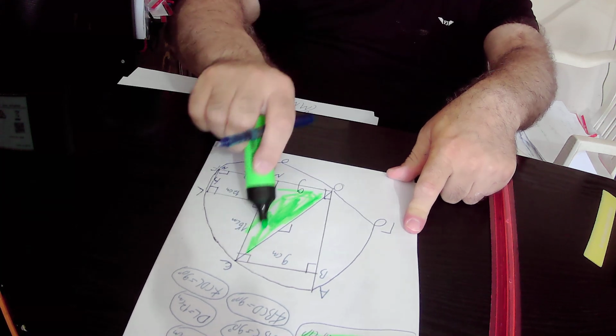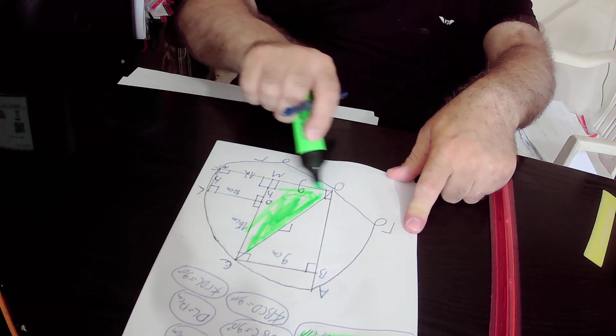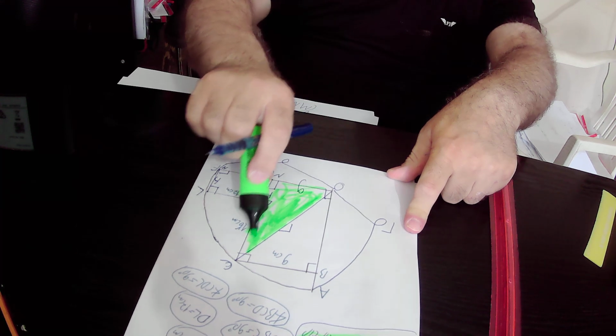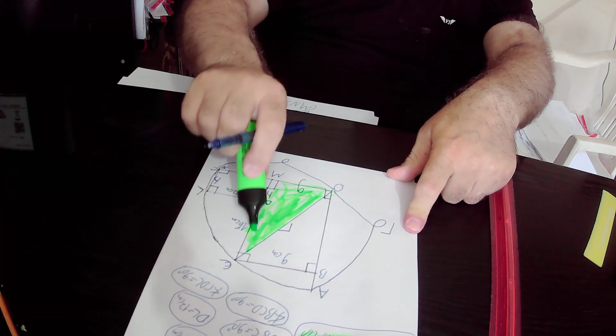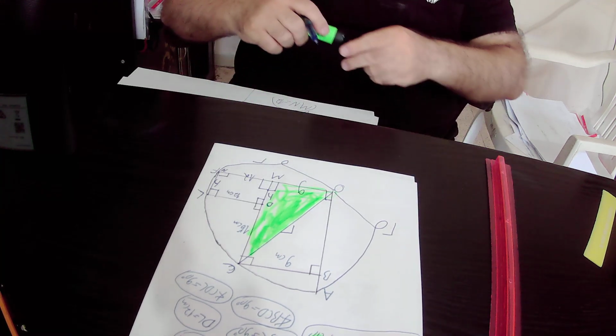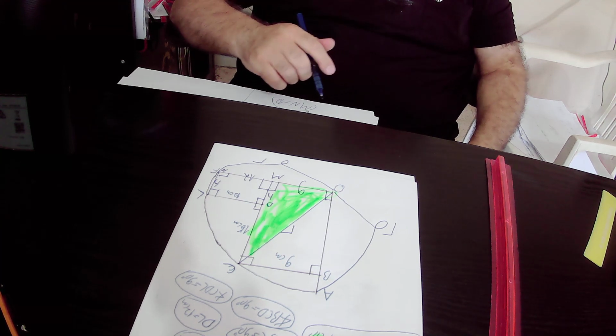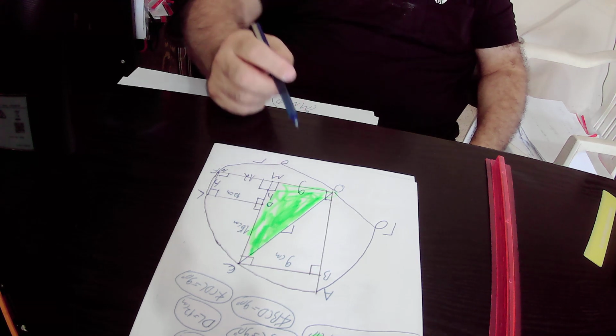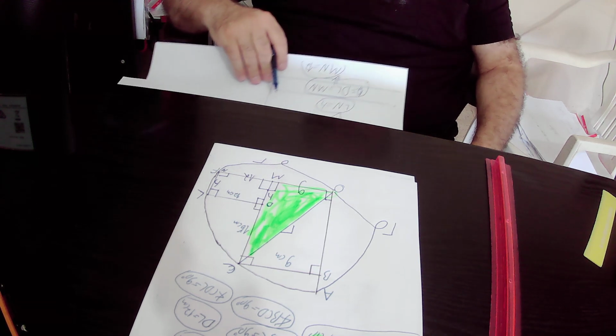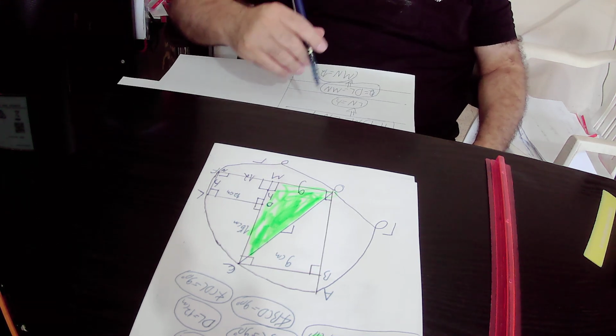So we will implement the Pythagoras theorem on the right green triangle, triangle OMC, and we get the first equation that will help us to get the value of the radius of the quarter circle, of course.